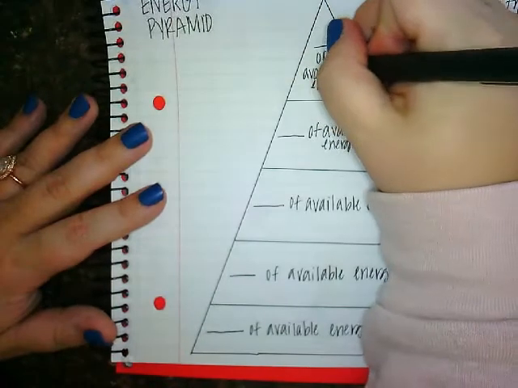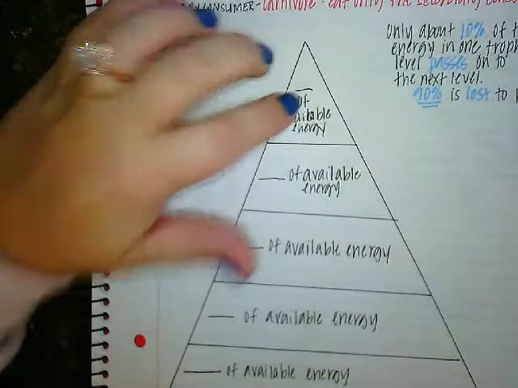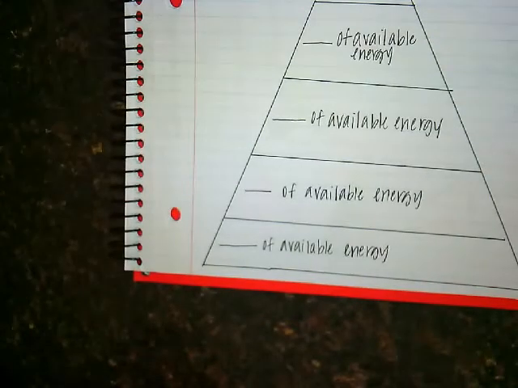All right, that one looks a little crazy. All right, blank of available energy. I got a spot on my paper. It's not letting me write on. So we're going to work through this.